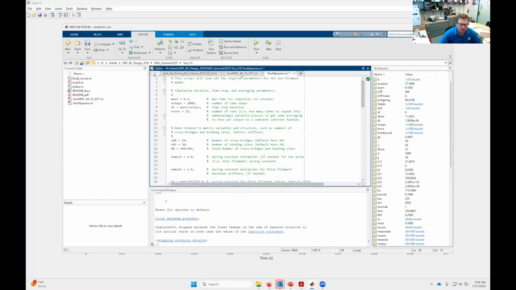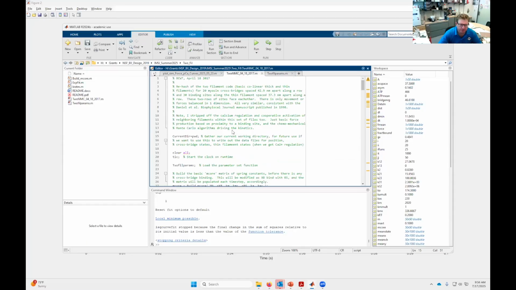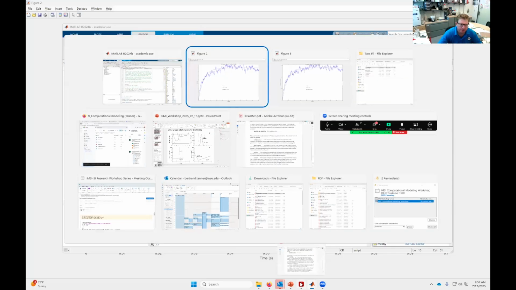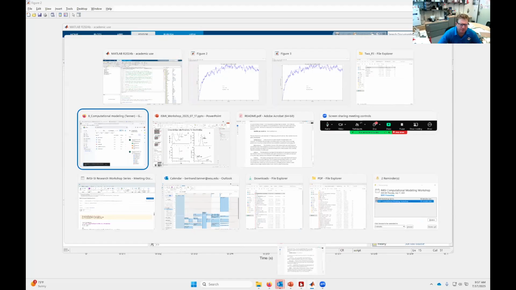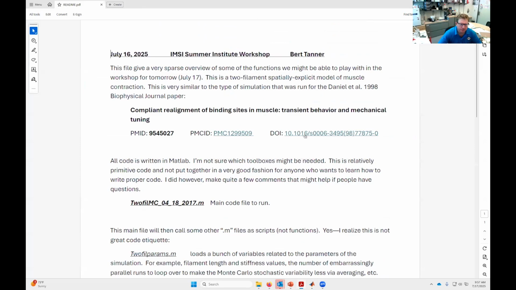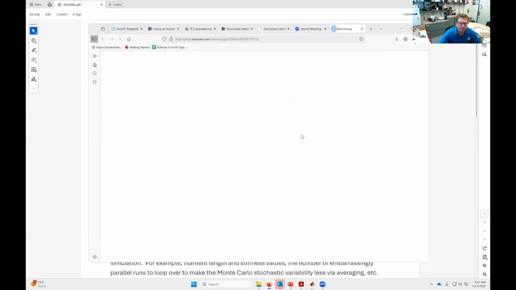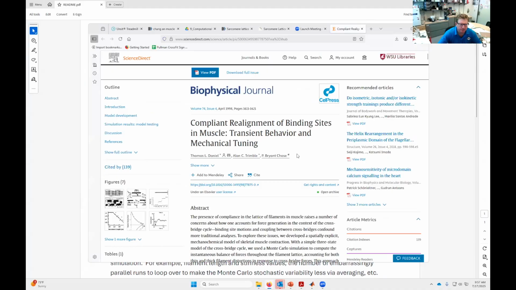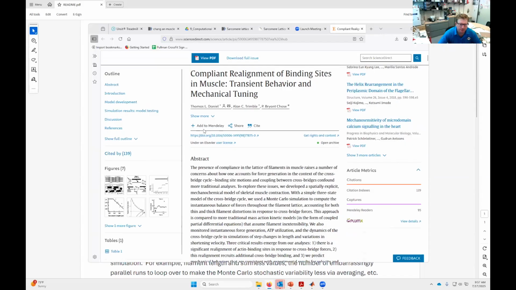So those were just a couple of things if anybody wanted to play around or see how that would work. That code is available there, and the code that's available there is largely associated with, where's that PDF, this particular publication that was just the two filaments.